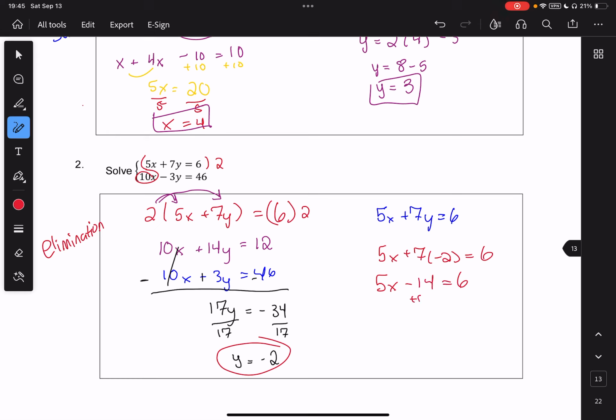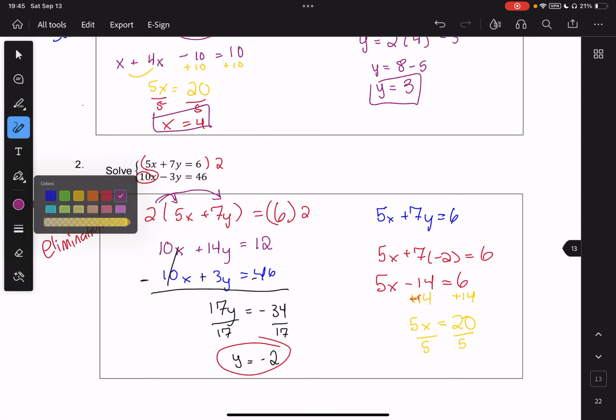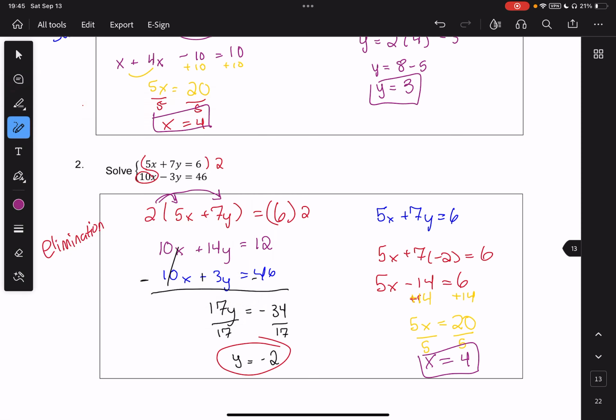We're going to bring our 14 over. So let's add 14 to both sides. We get 5x is equal to 20. We divide by 5 on both sides. And our final answer we get x equals 4. So we get 4 and negative 2.